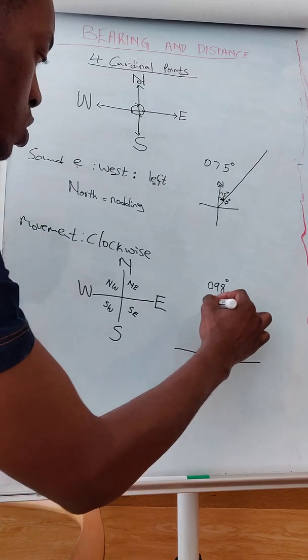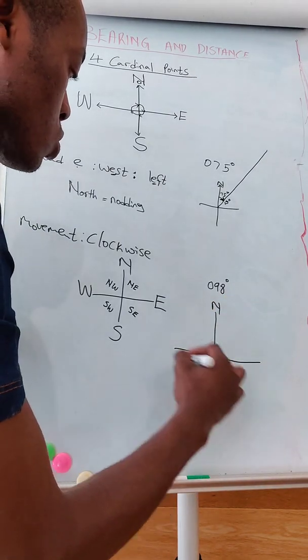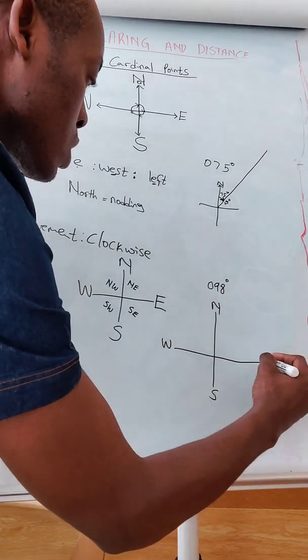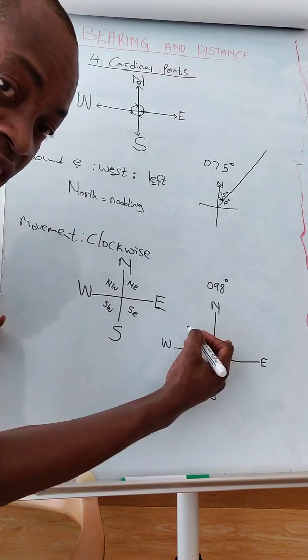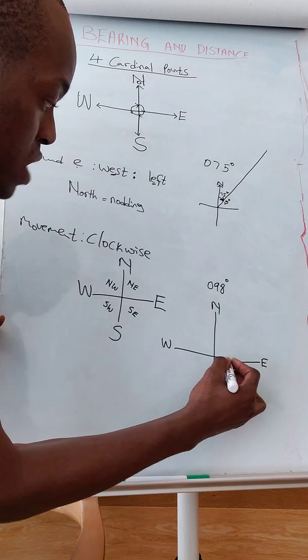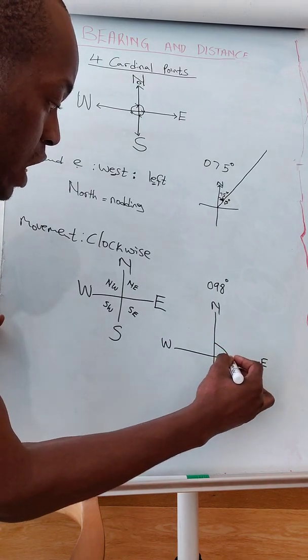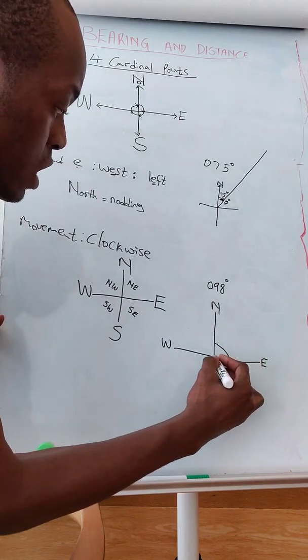This is north, south, west, east. This is 90 here. If 90 is here, 98 will be around here.